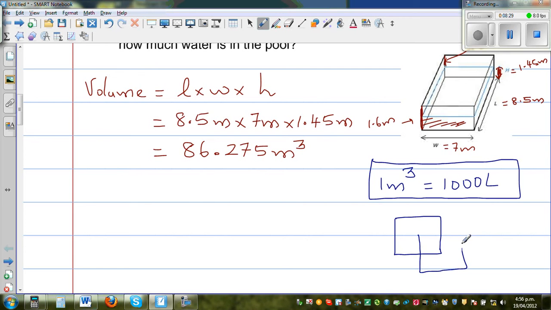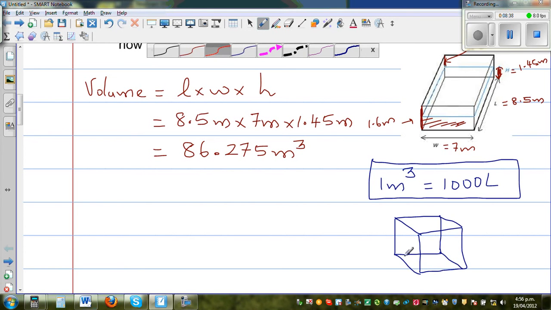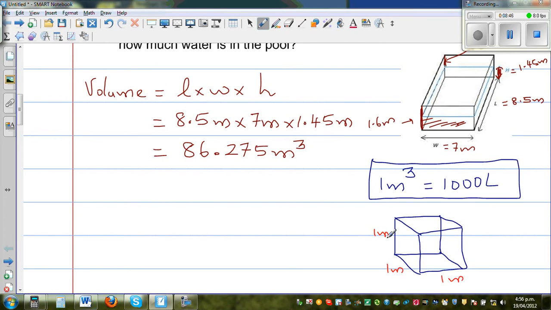That means the height is 1 meter, the width is 1 meter, and the length is also 1 meter. This will contain 1000 liters. Okay, I hope you can visualize a cube of 1 meter cube.